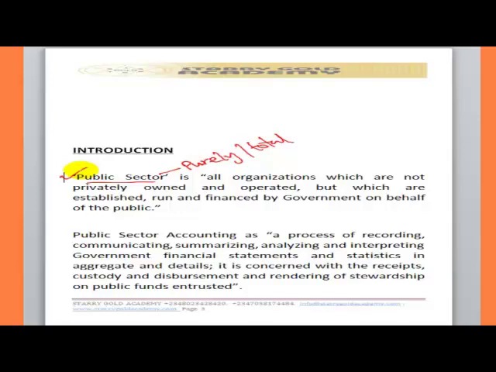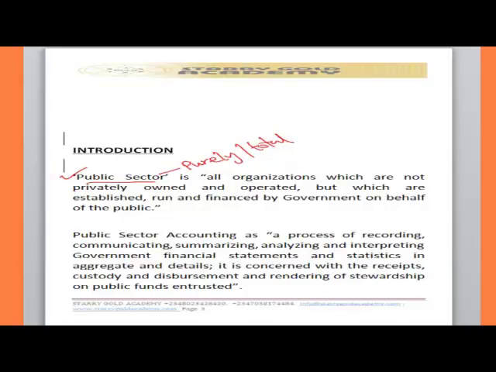Some authors said that public sector accounting is a science of collecting, recording, analyzing, summarizing, interpreting financial transactions of an organization for various stakeholders for the purpose of decision making.